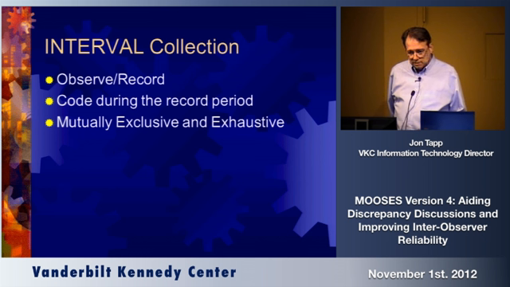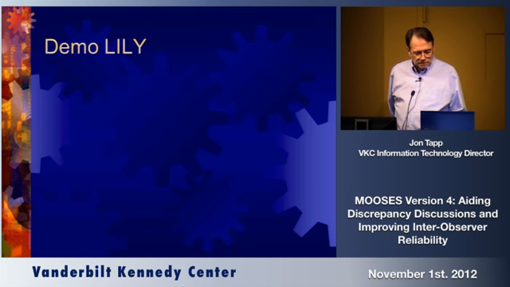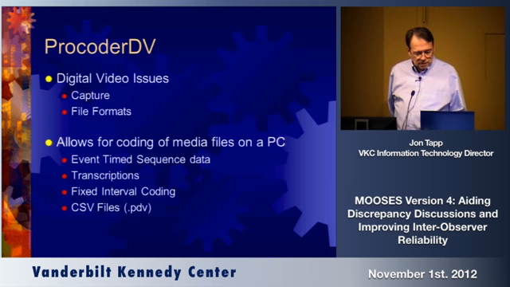But this new system can support all that kind of data in the one program, which was one of my goals with it, so I don't have so many different programs running around. Again, we like to have mutually exclusive, exhaustive coding spaces, but we don't have to have that. It can deal with it either way. I'm going to do that in a minute.